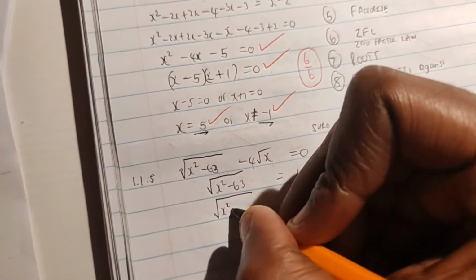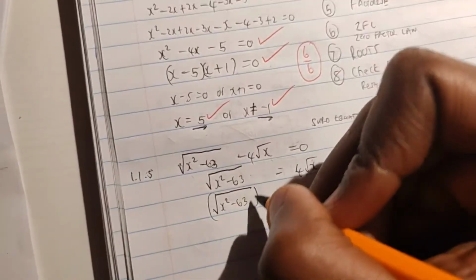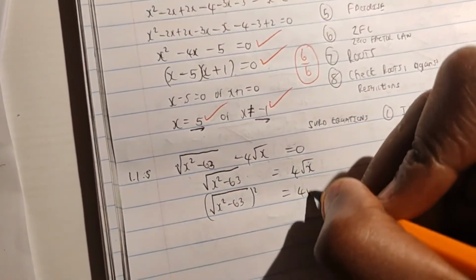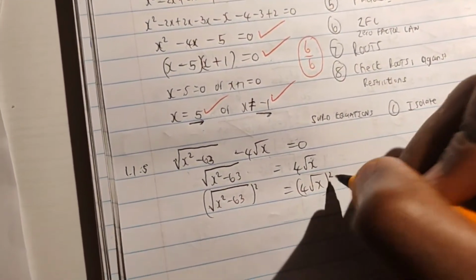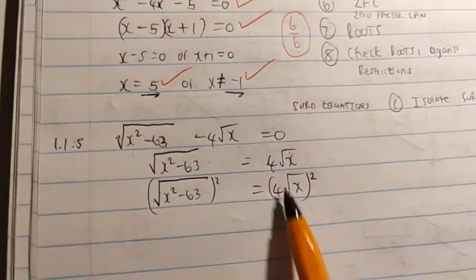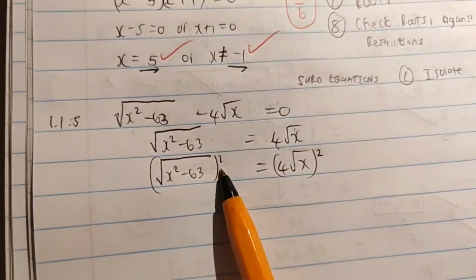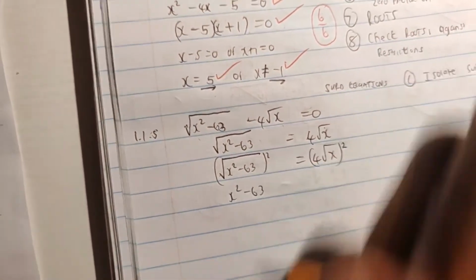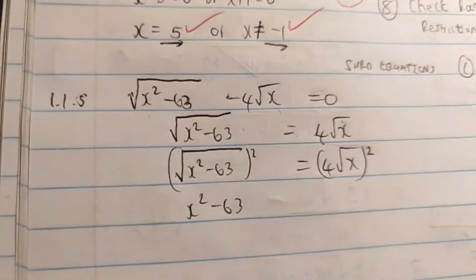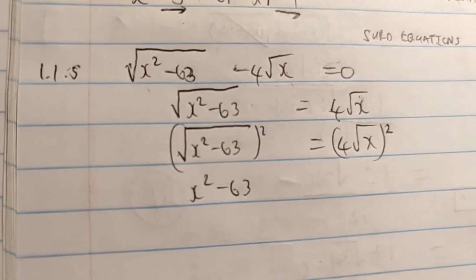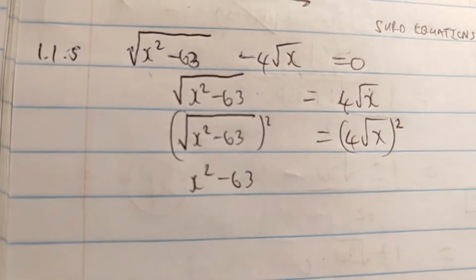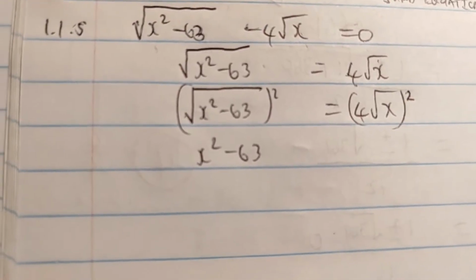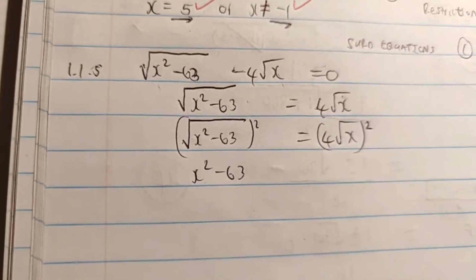Then after doing so, we are going to square both sides. And when we do, the square root of the square gives us x squared minus 63, because the square root and the square cancel each other.